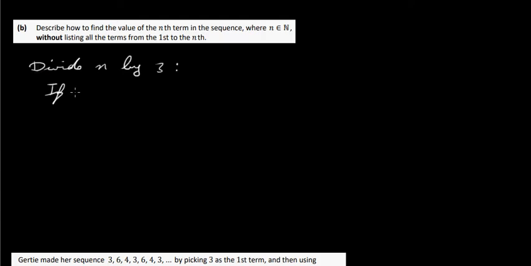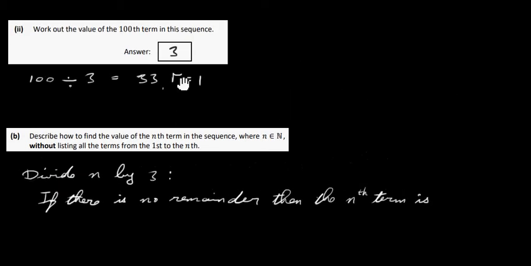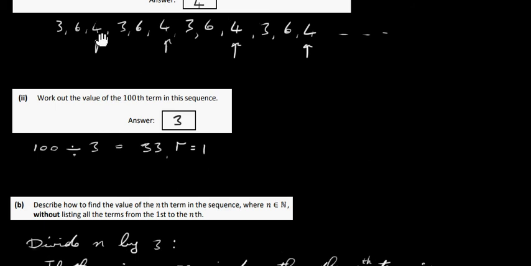So if there is no remainder, then the nth term is going to be 4 here. 3, 6, 9, 12. Every multiple of 3 is going to be a 4.